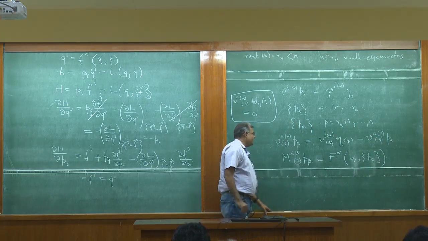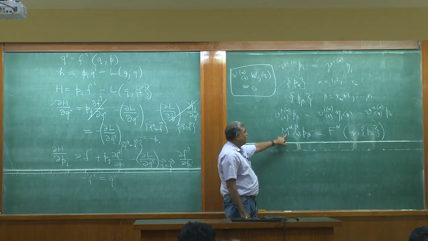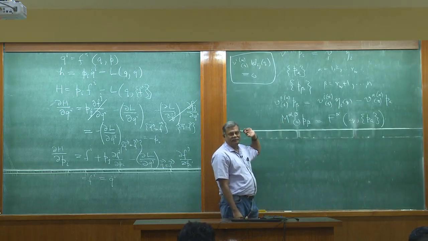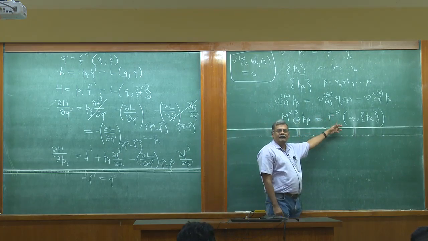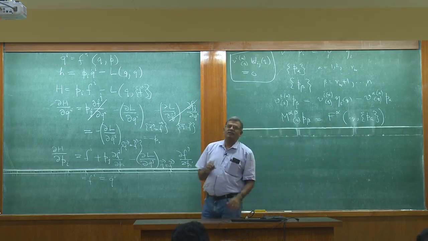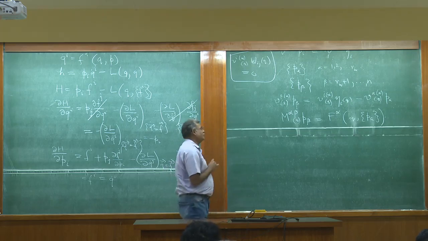So, at least in this case, we see that, okay, and what about these M alpha betas? Can we invert them? Can we invert this matrix? If we can, then of course the P betas can be written down directly as functions of Q and P's, right? The question is, can we invert M alpha beta? And the answer is we can. And the reason for that is simple.